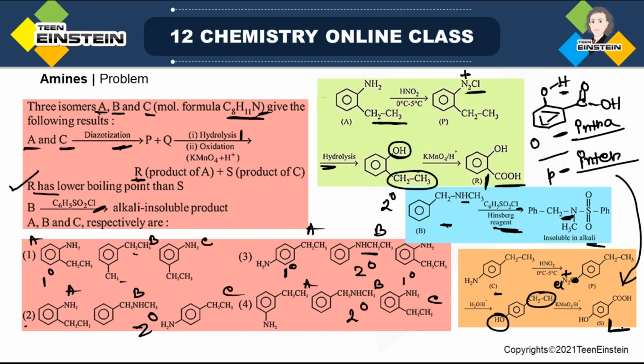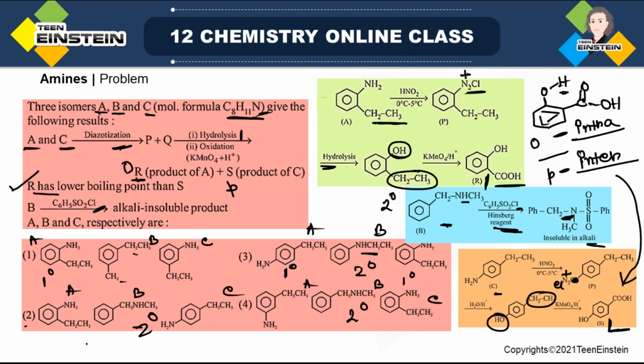So that is the reason when there is intramolecular hydrogen bond, I mean in case of R, the ortho molecule, boiling point is low. But where you have intermolecular hydrogen bond, the boiling point will be high. So this information will help you to understand that R is ortho and S is para.